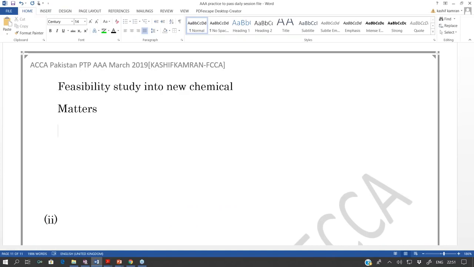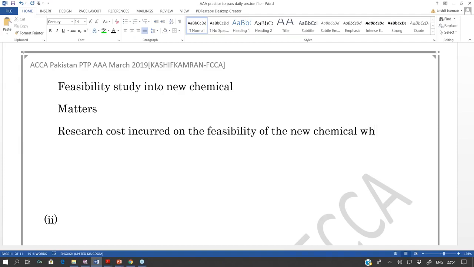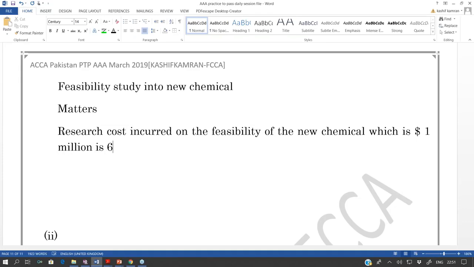Then the first thing you tell the examiner is that the research cost incurred on the feasibility of the new chemical, which is $1 million, is 6.6% of the profit, hence material to the financial statements.